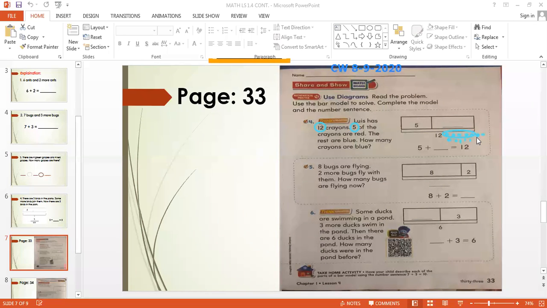Let's count the remaining. 1, 2, 3, 4, 5, 6, 7. So what is the answer? 7. So how many blue crayons he has? 7 blue crayons. So what is it? 5 plus 7 equal to 12. So 7 is your answer.